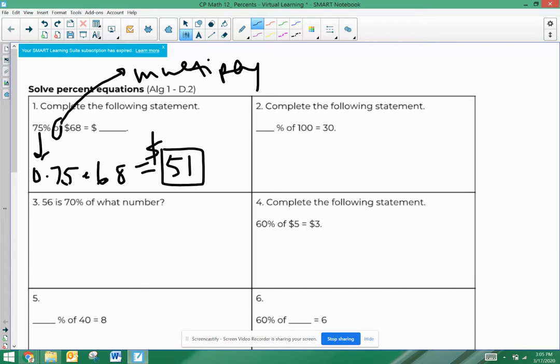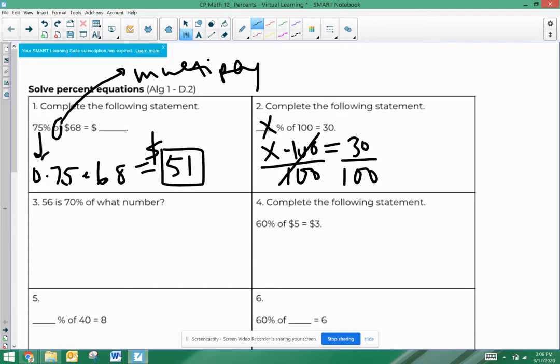Cool. Now we want to know what percent of 100 is 30. So if I don't know what something is, I can put a variable there. So I can say X percent of 100 equals 30. So X times 100 equals 30. To solve that, I divide both sides by 100.